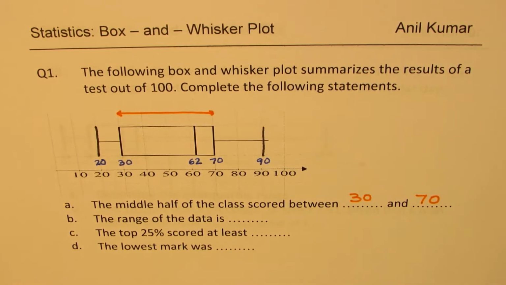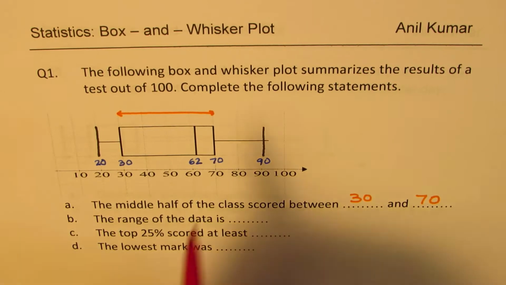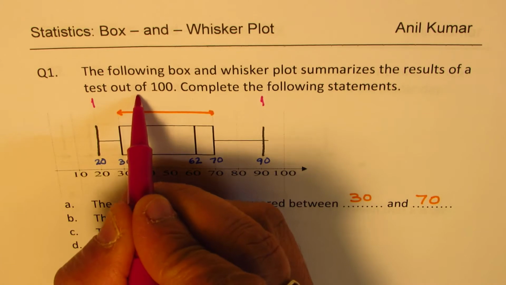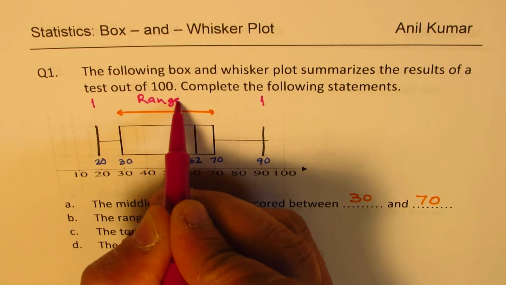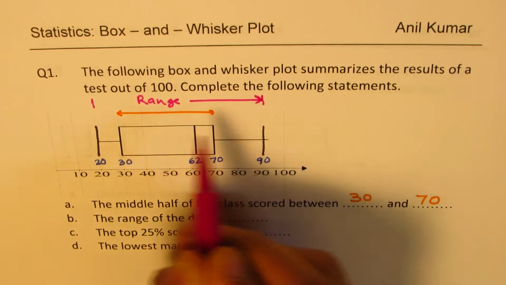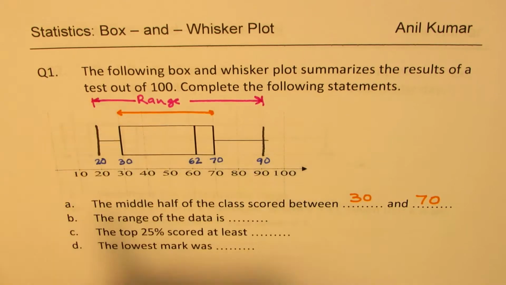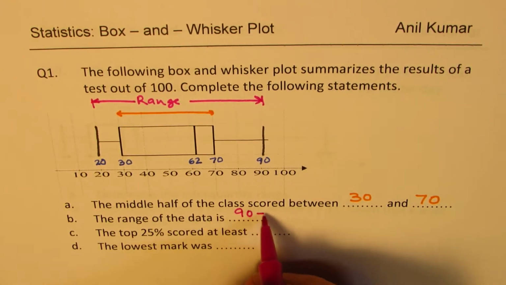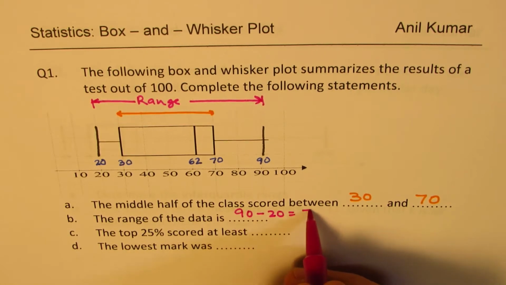The next one is the range of the data is what? Now when you want to write the range, we are actually considering from the highest to lowest. So this is range. So in this case, the range is from 90 minus 20, which is 70.